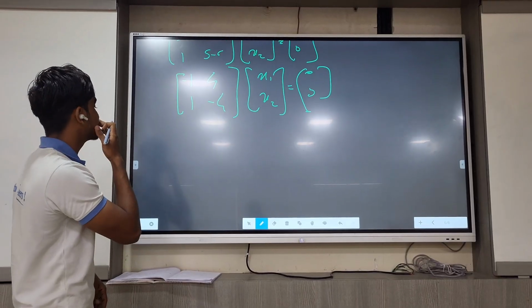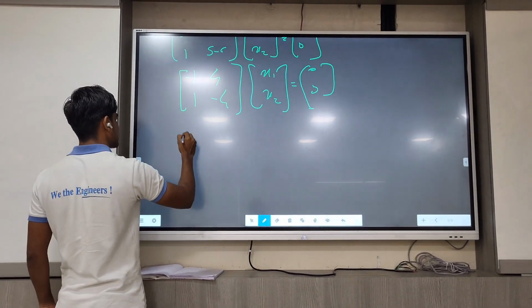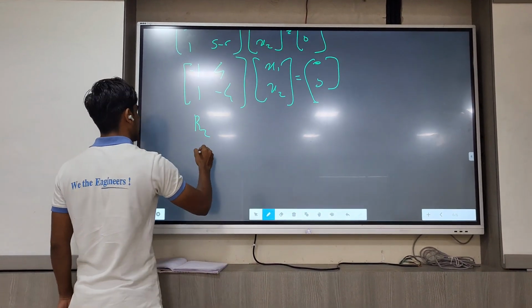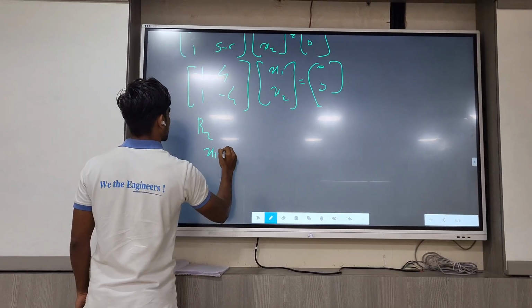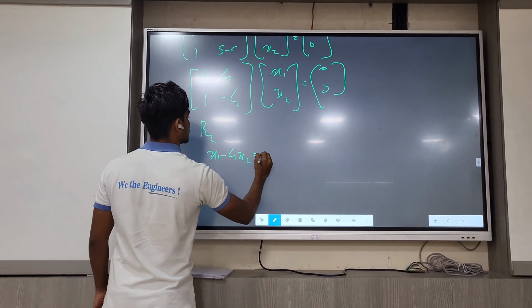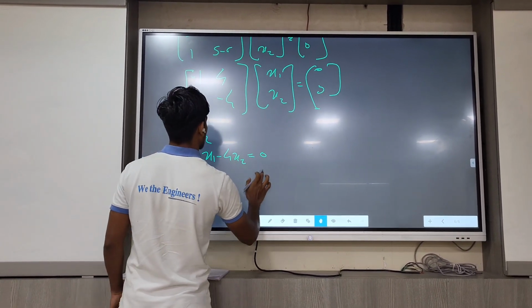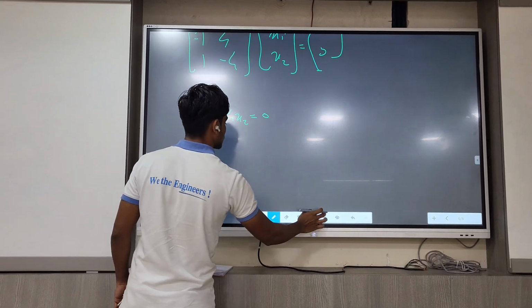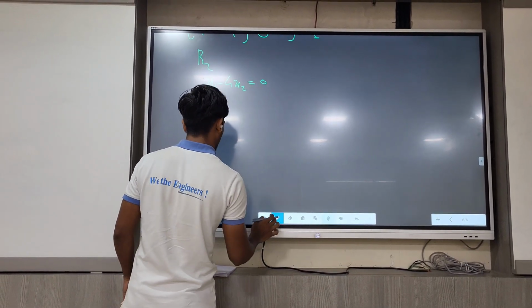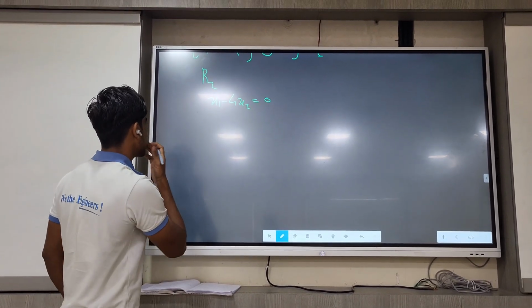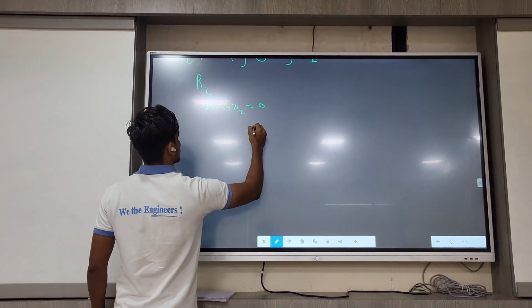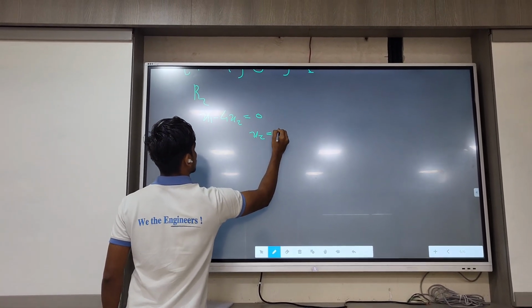And then the equation we are going to consider here is R2, that is x1 minus 4x2 is equal to 0. We have to put something as t. So we are going to put x2 is equal to t.